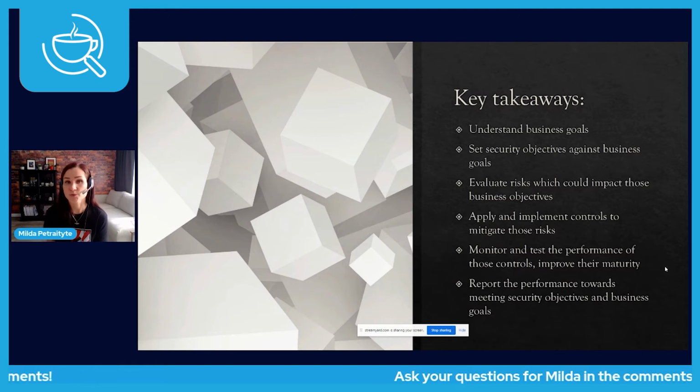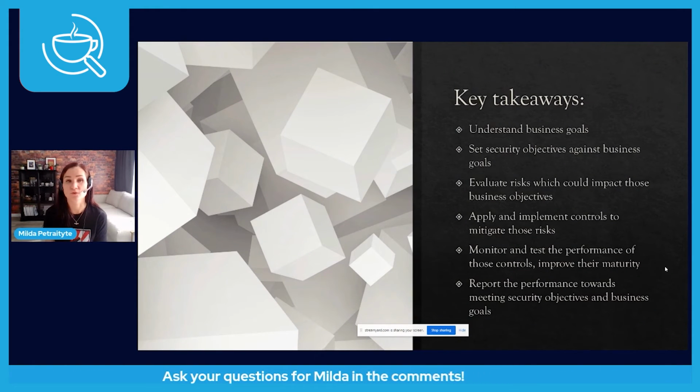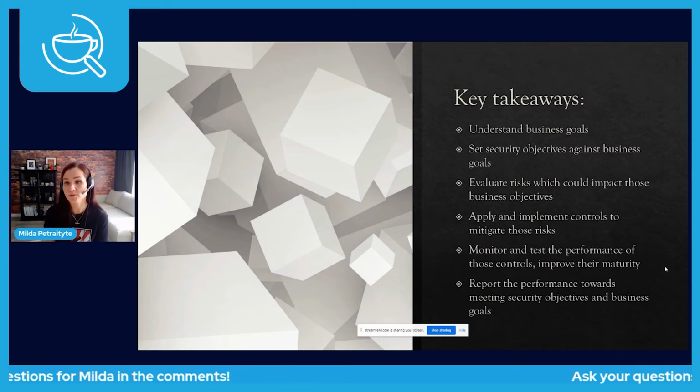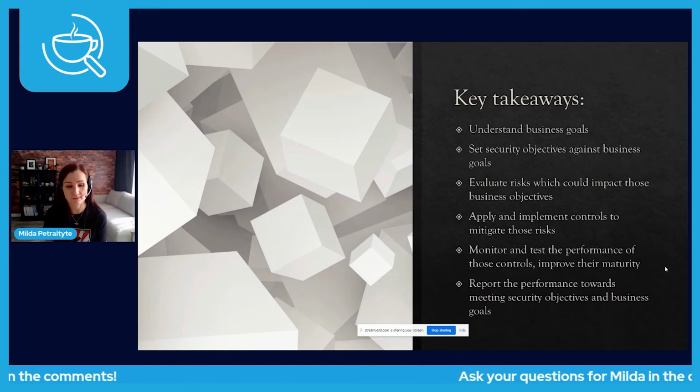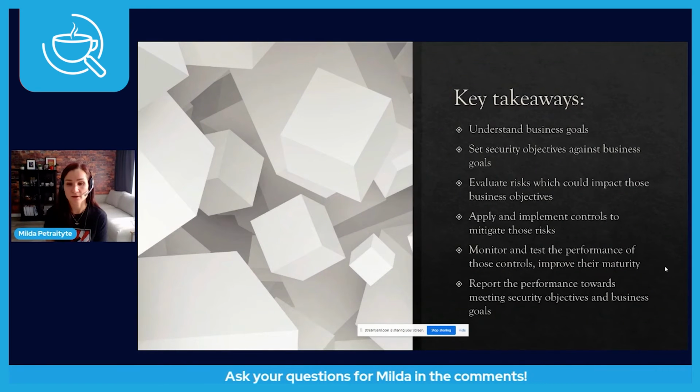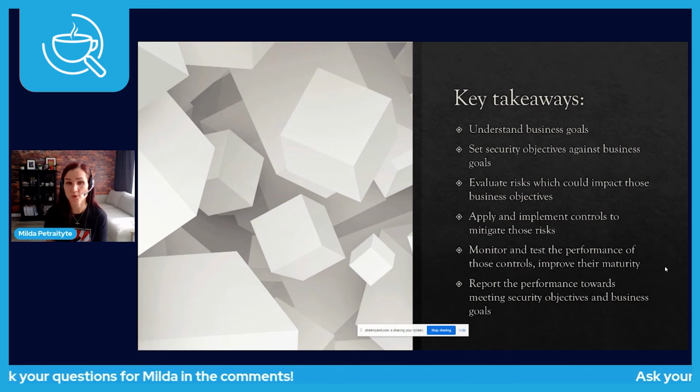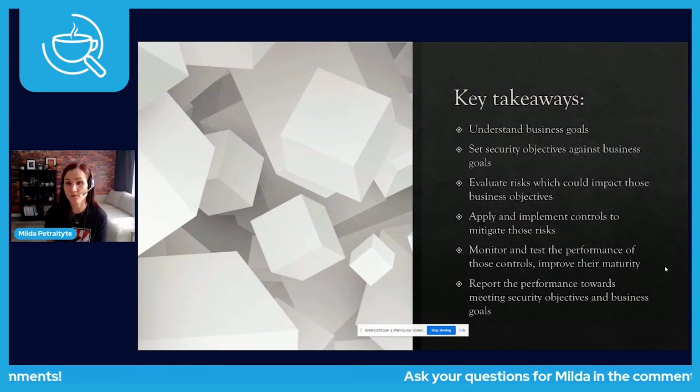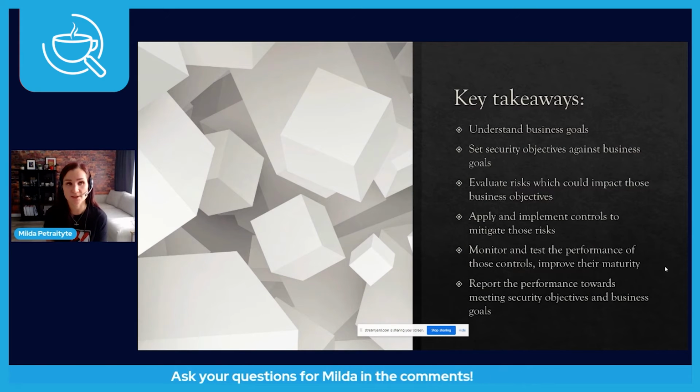Why are we doing security the way we do it? First of all, we need to understand the business goals. What kind of goal does the business have? Maybe you have an e-commerce website where the most important thing is that it stays up all the time, so that customers can use it. Essentially, without understanding what the business wants you to do, you wouldn't be able to develop the rest of the security program.